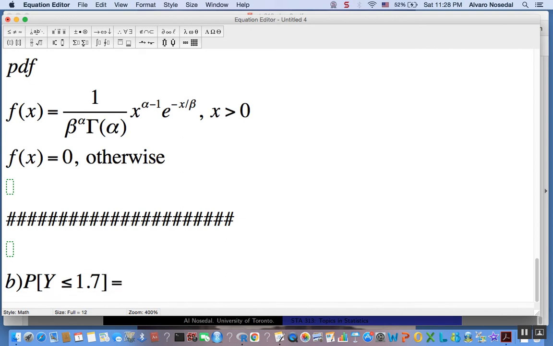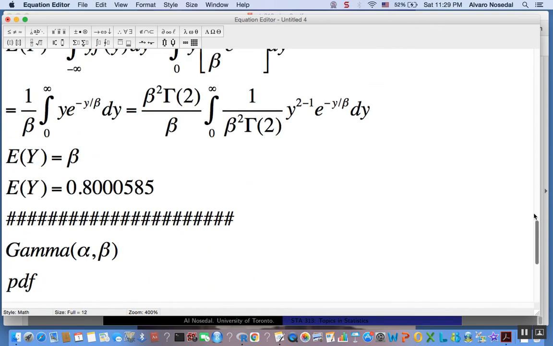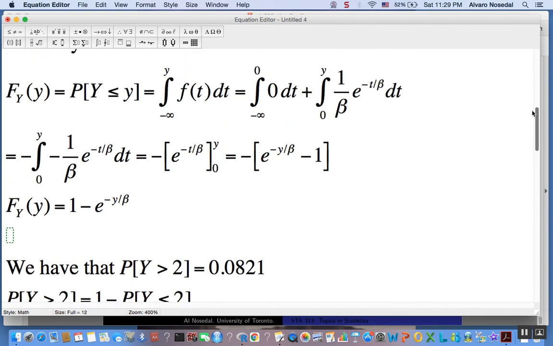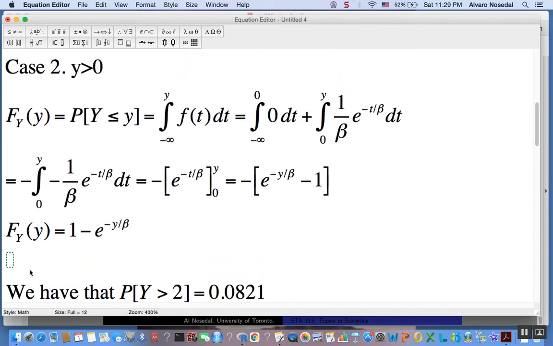Note that that happens to be just the CDF of the random variable y evaluated at 1.7. So we know that the expression is this: if y is positive, the CDF evaluated at some point, lowercase y, is 1 minus e to the negative lowercase y divided by beta.